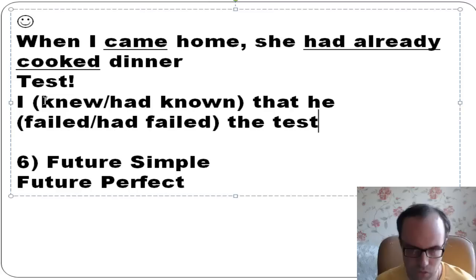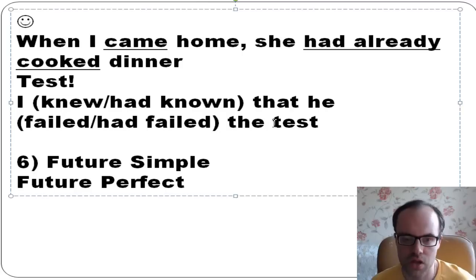So what will you choose and why? Okay? So you look at the first part of the sentence, the first clause, and at the second part of the sentence, the second clause. So which action happened earlier? So I knew, or I failed, or he failed.